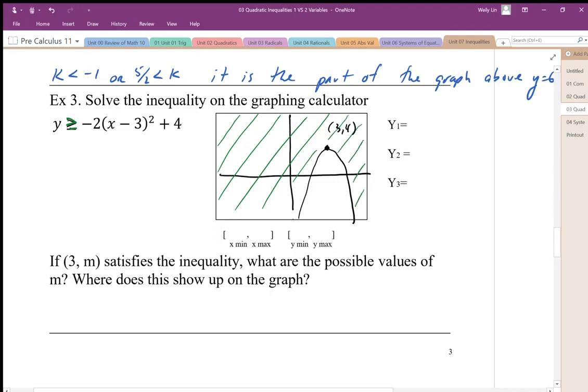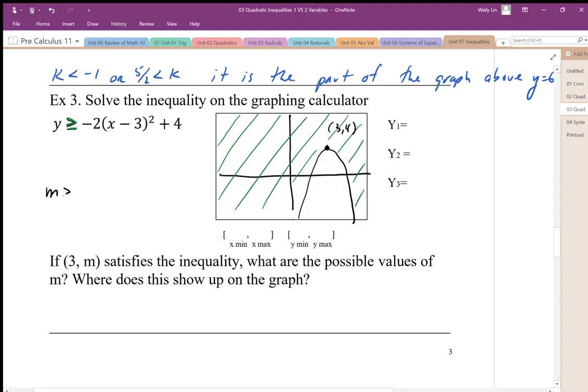So there's my solution. Now the question is asking, if 3m satisfies the inequality, what are the possible values of m? Basically I want to know the y values m that are going to be bigger than when x is 3. So I'm just going to plug that in.